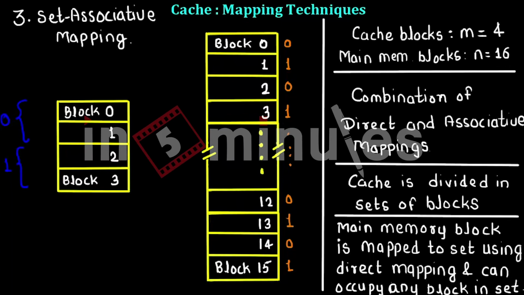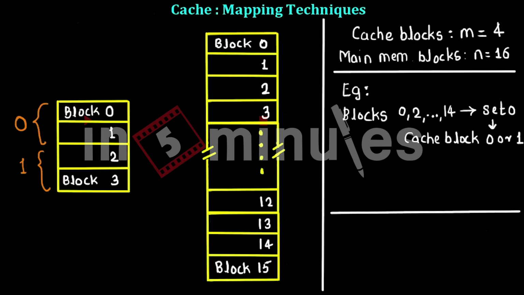Now set 1 in the cache memory is block 2 or 3. So basically what we are saying here is block 1 can be placed in either block 2 or block 3, which belong to set 1. Similarly, block 12 belongs to set 0, so it can be placed in block 0 or block 1. So this is the rule of set associative mapping.